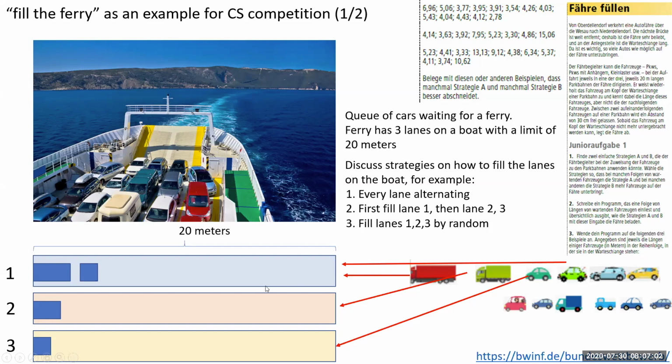So this could be a strategy where every lane is alternating. You also could fill the first lane until it is full, all the 20 meters, then you go to lane 2, and then to lane 3. So the exercise is not only programming, but also discussing, for certain lengths and use cases for queues of cars, which strategy fits better than the other. So that's a very simple one of these exercises from this German computer science competition.